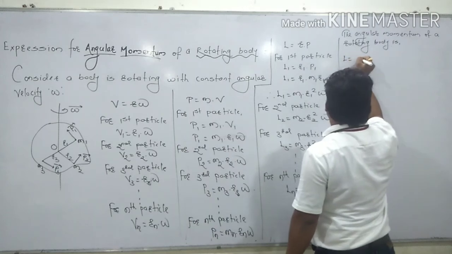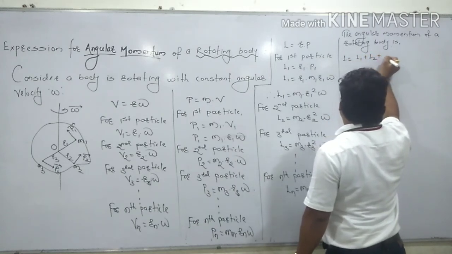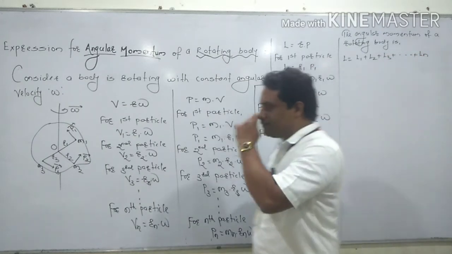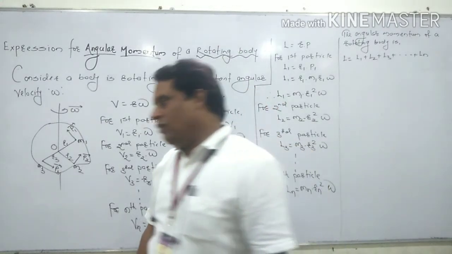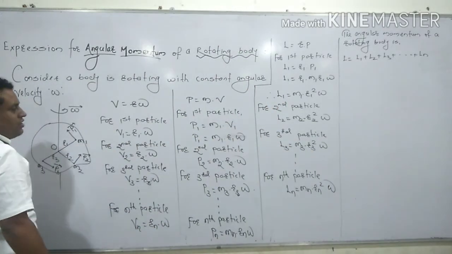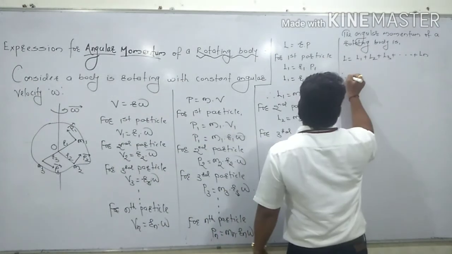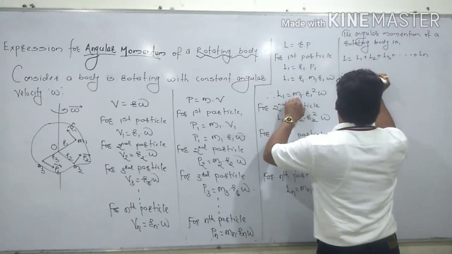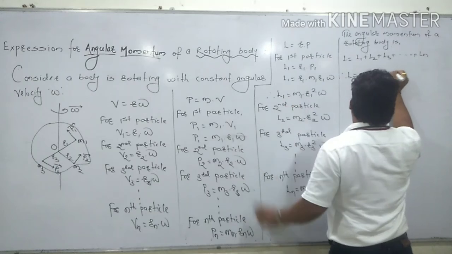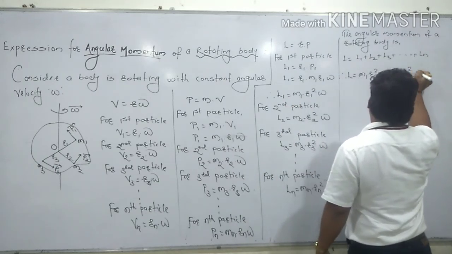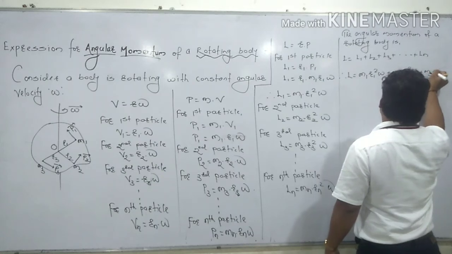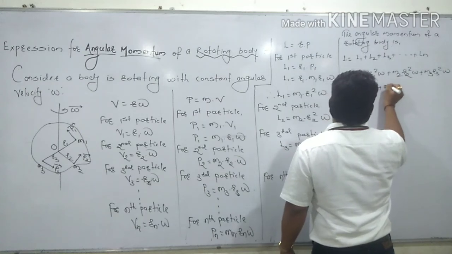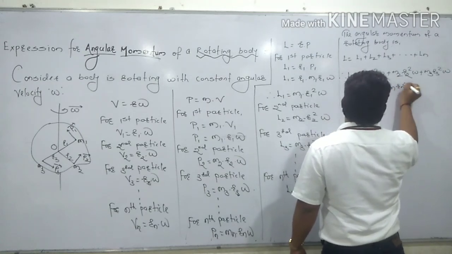So it becomes L is equal to L1 plus L2 plus L3 up to Ln. Substituting the formulas for L1, L2 and L3, we can write L is equal to m1 R1 square omega plus m2 R2 square omega plus m3 R3 square omega plus up to mn Rn square omega.